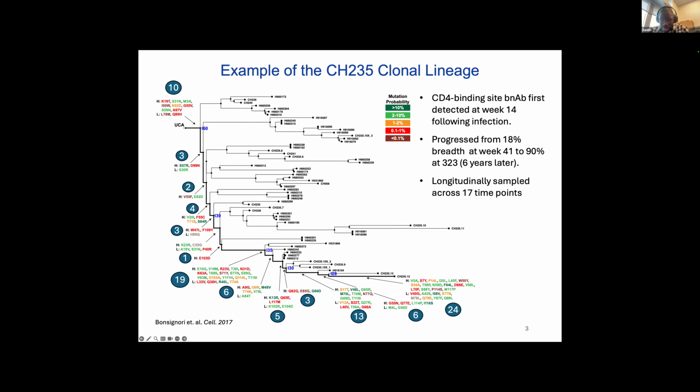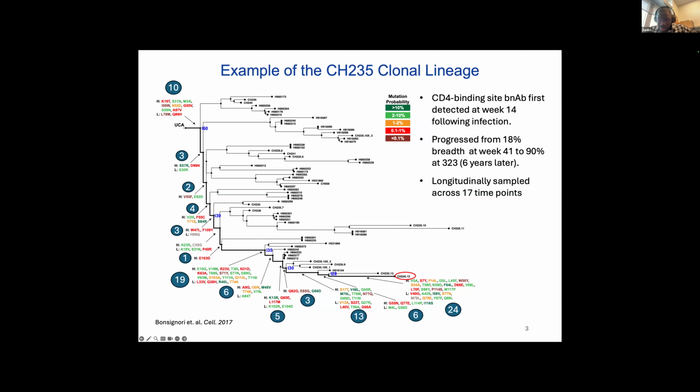The tips of the tree that you see show the sequences that belong to this lineage, while the nodes labeled in blue show you the intermediate sequences, which represent the key time points in the evolution of this lineage. The thick black line traces the antibody's developmental trajectory from the UCA to CH235, which is the fully matured and potent form of this bnAb.